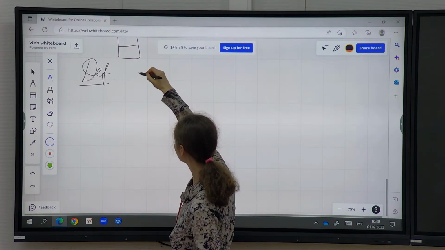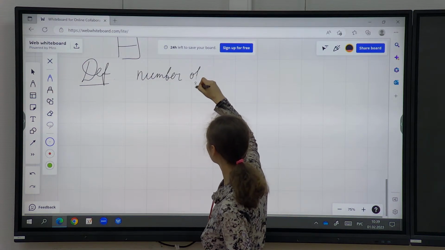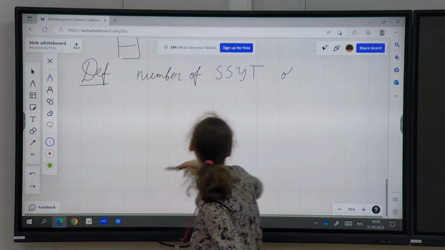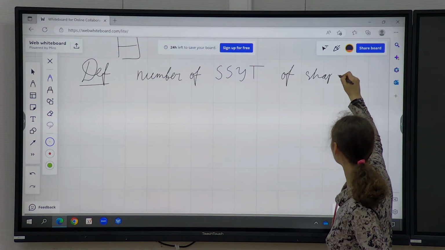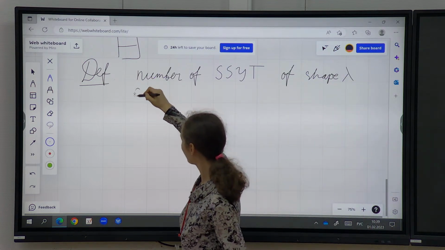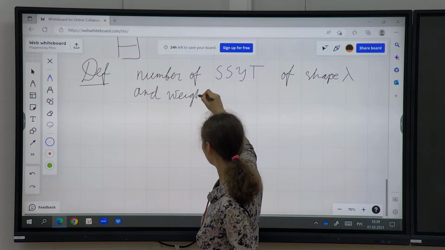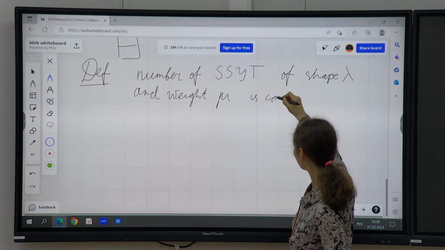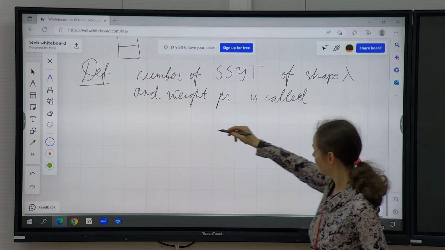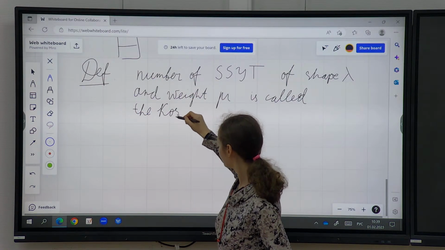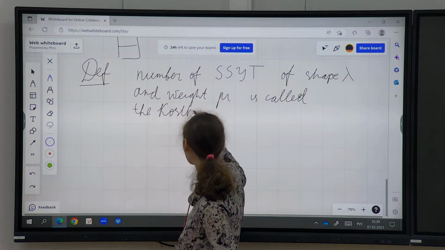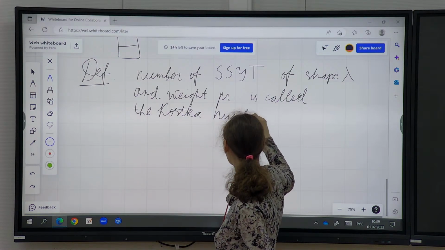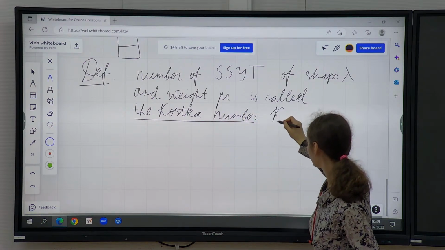So the number of standard Young tableaus with the shape lambda and weight mu is called the Kostka number k lambda mu.